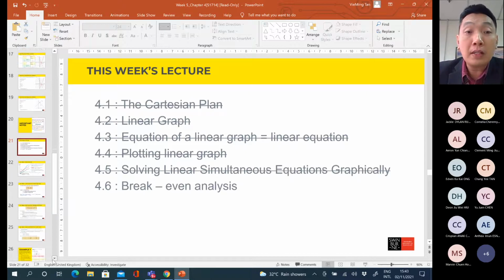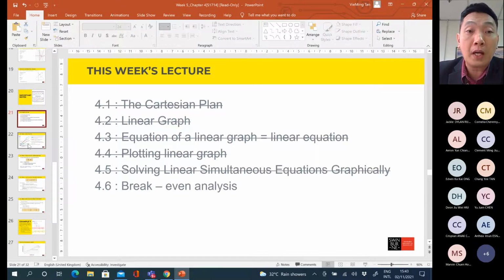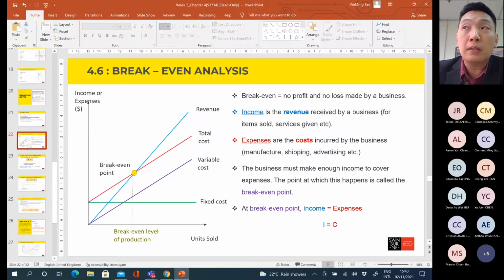Before we apply it, we need to understand some of the key terms that we usually use in business. So what is the meaning of break-even? Break-even means no profit and no loss when running a business.